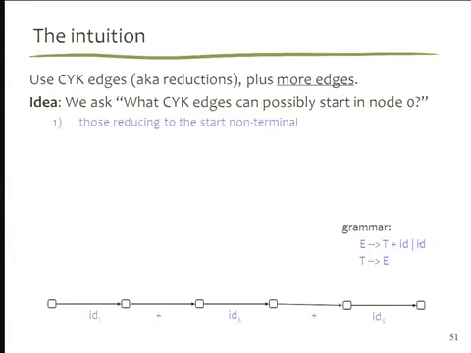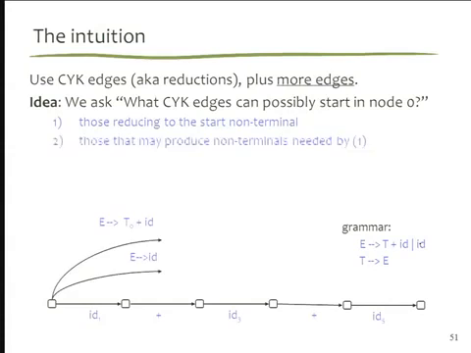So in other words, what edges can we have? Those that reduce to the start non-terminal, like these two, or those that may produce non-terminals needed by one, right? So you need an edge that produces T. And here it is.